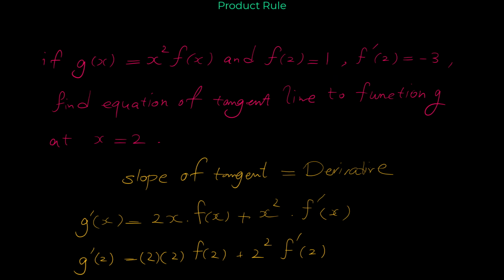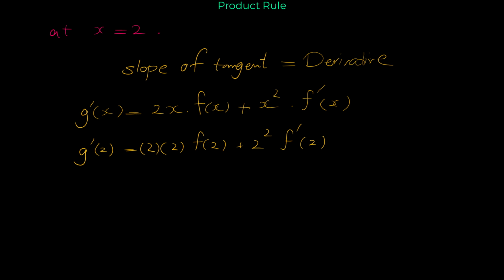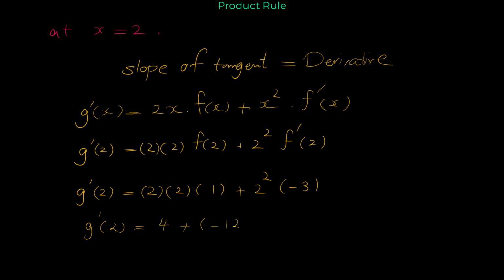If we use these values, then g prime of 2 equals 2 times 2 times 1 plus 2 to the 2 times negative 3. 2 times 2 times 1 is 4. 2 to the 2 is 4 times negative 3 is negative 12. 4 minus 12 is negative 8. So the slope of the tangent line is negative 8.